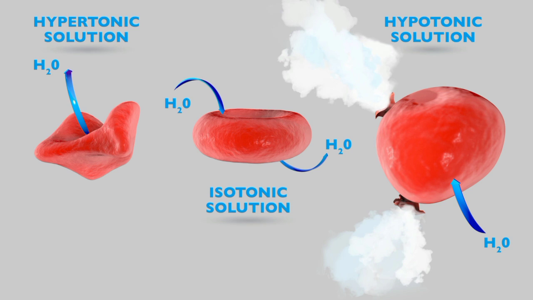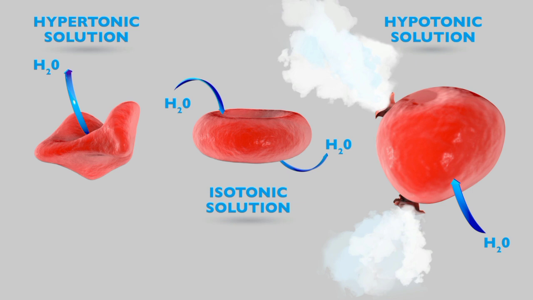Now, an isotonic solution is one that has the same solute concentration as the intracellular solute concentration. With this, there is no net movement of water towards the solution or the cell. So the cell, in this case, will remain unchanged because of this equilibrium.